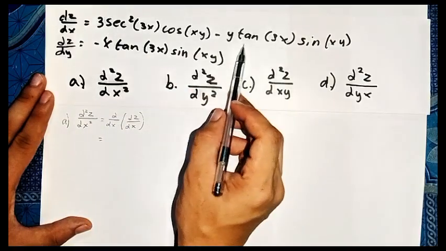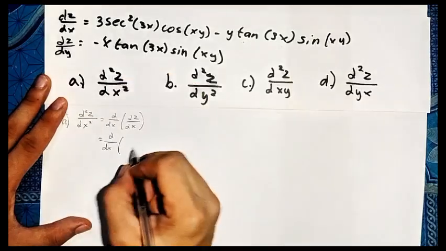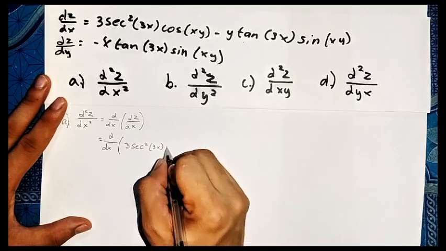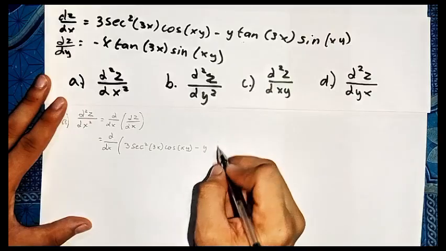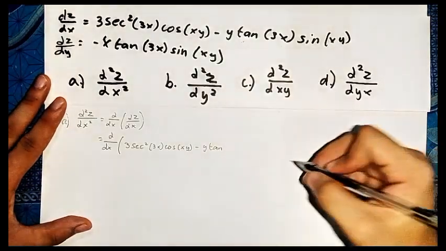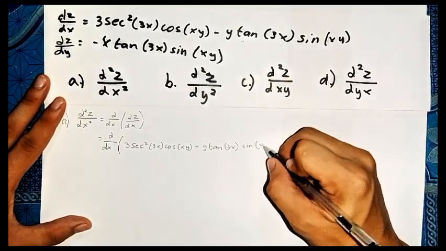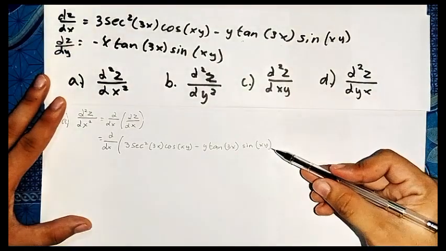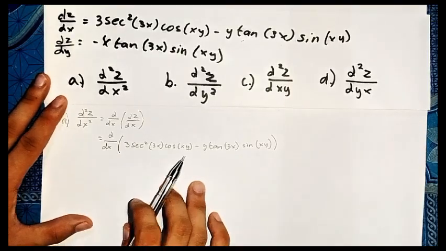So, partial x, let's copy that one. 3 secant squared 3x cosine xy minus y tan 3x sine xy. Now let's derive this one with respect to x. This one is a bit long.